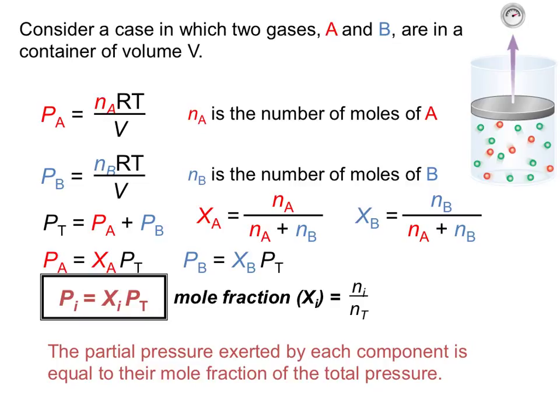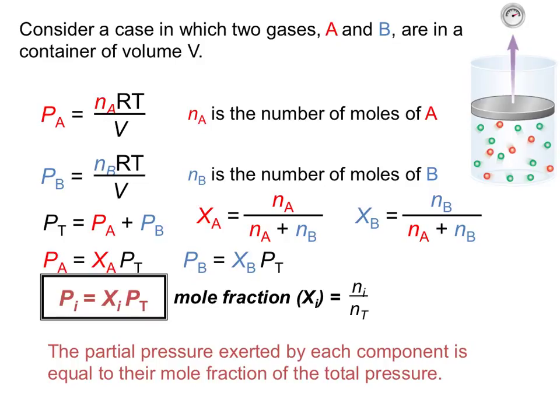So the mole fraction will allow us to figure out the individual pressure exerted by a specific gas in a container, given both the number of moles of the gases in the container and the total pressure. If we look at this setup here, we can figure out the partial pressure of A by taking the mole fraction and the total pressure and multiplying them together, and that will give us the value that we desire.